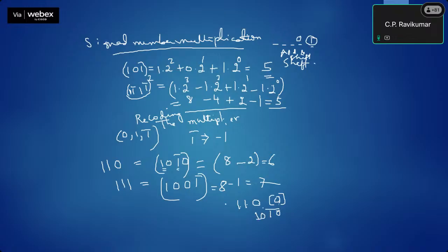So you can add a 0 on either side. So that is what we have been doing. So 101. I have added a 0 on the right side. So 0 minus 1 is 1 bar. 1 minus 0 is 1. 0 minus 1 is 1 bar. And 1 minus 0 is 1.